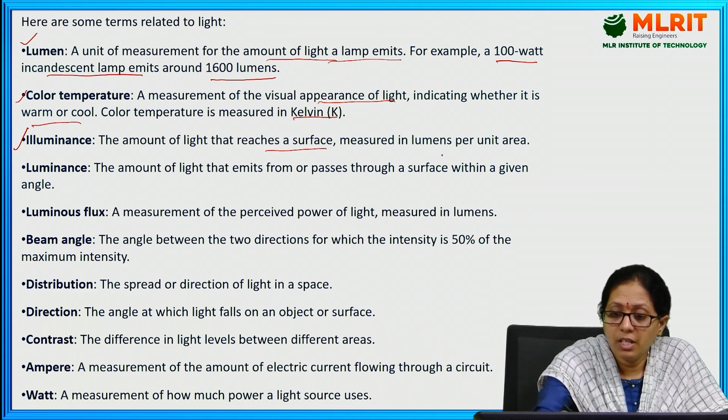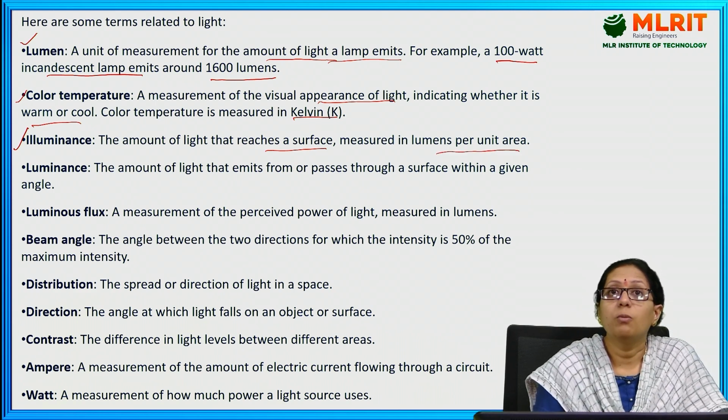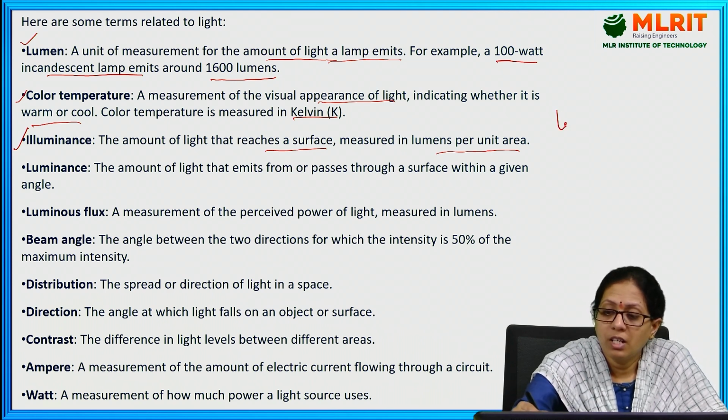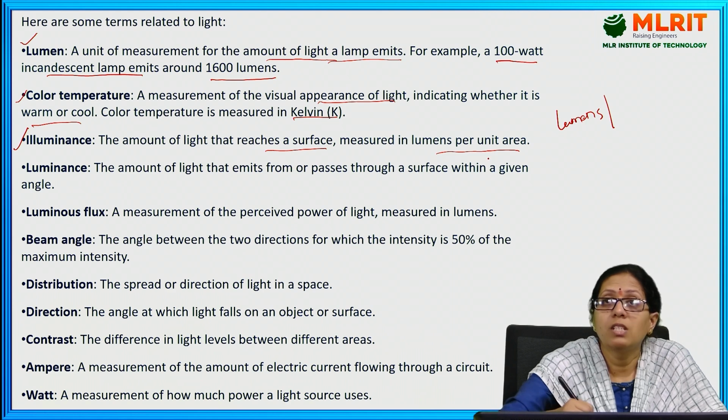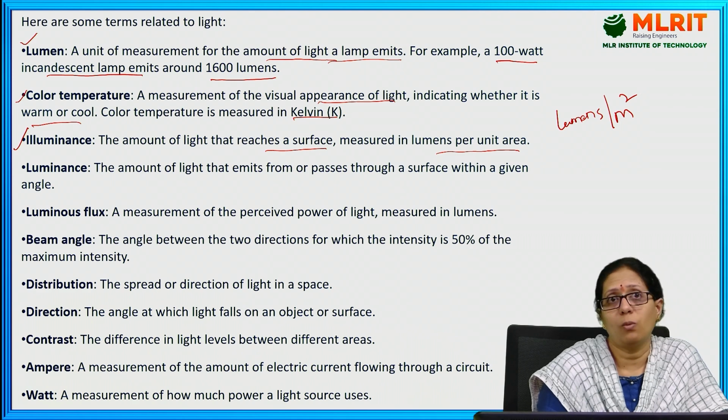Illuminance means the amount of light which reaches the surface, measured in lumens per unit area. Area is nothing but meters squared. So, lumens per meter squared.